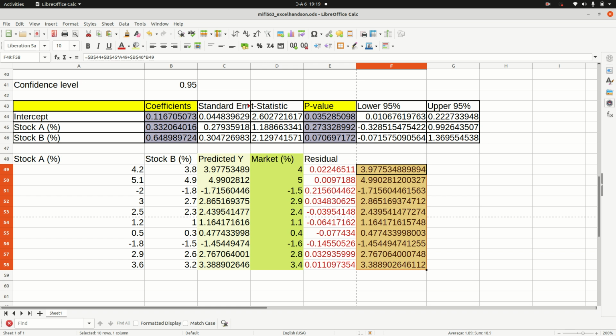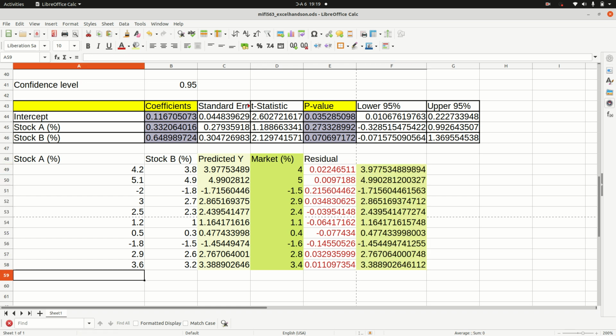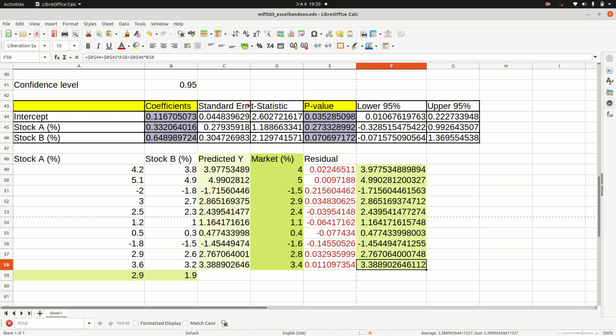This means that if I know the next month trade, assuming it's 2.9, and I know the stock B is 1.7, if I know just these two values, I can predict what will happen. I can drag this one. It means that at this traded value, this will be the effect on the market value, 2.312.